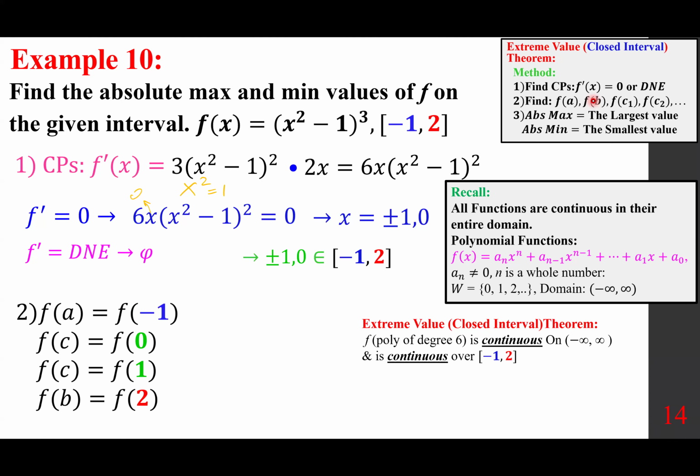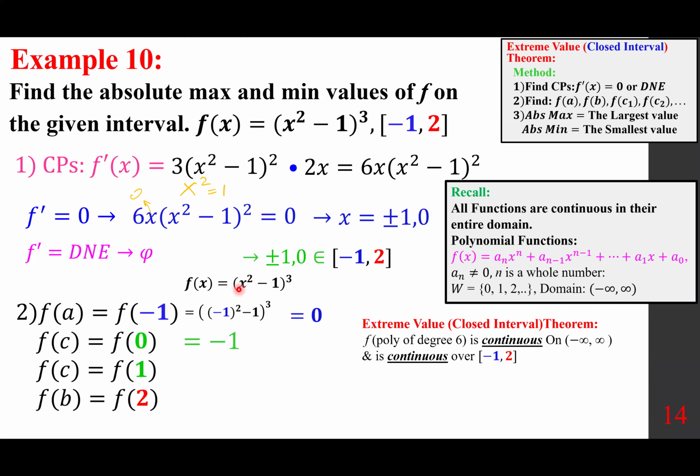So we're going to use the original function, f of x equals (x squared minus 1) cubed. We're going to put -1 in it. And I hope you realize -1 squared is positive 1, minus 1 makes it 0, and 0 to the third power is 0. If I put 0, this goes away, (-1) cubed, which is -1, is the answer.